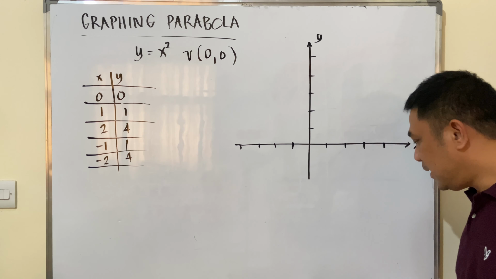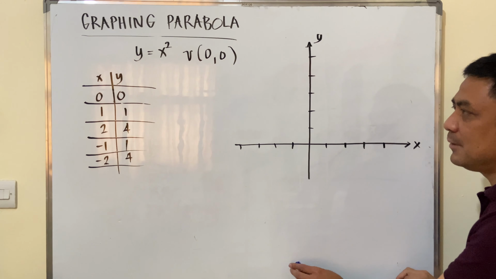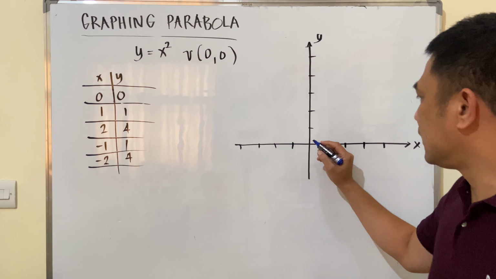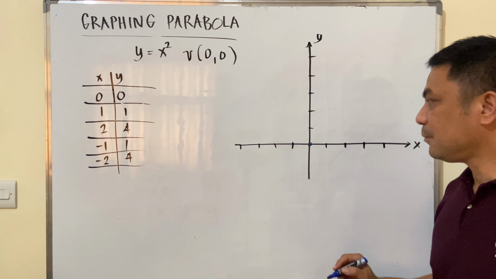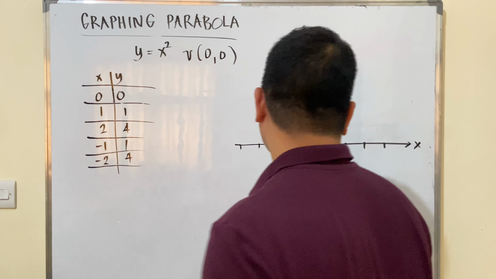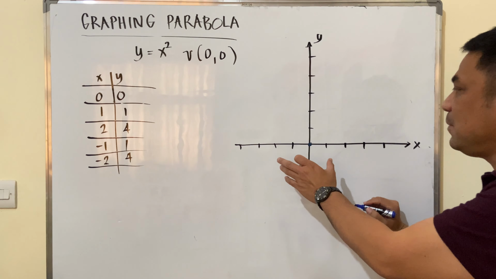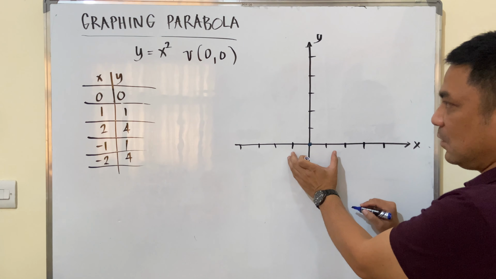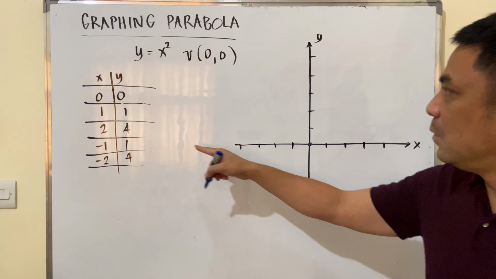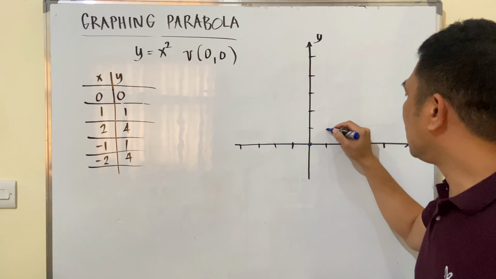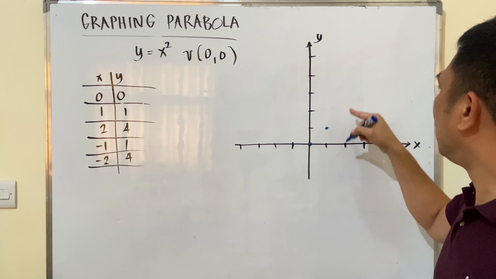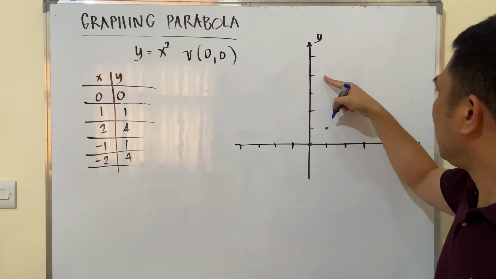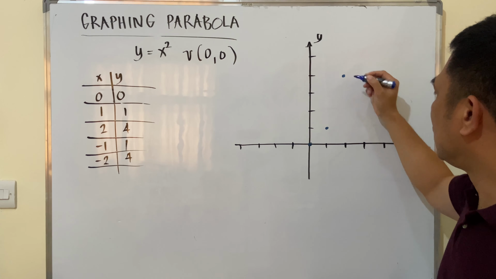So to graph this one, x is 0, so that's our vertex. Sorry, I hope you can still see me here. Then x is equal to 1, y is equal to 1, x is equal to 2, y is equal to 4. So 1, 2, 3, 4, so this is 2.